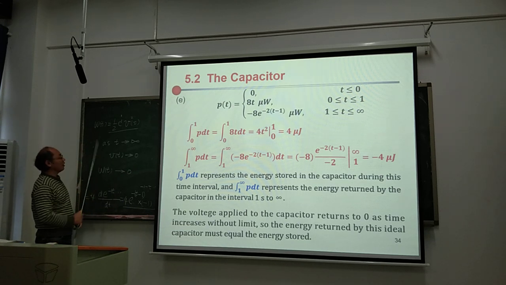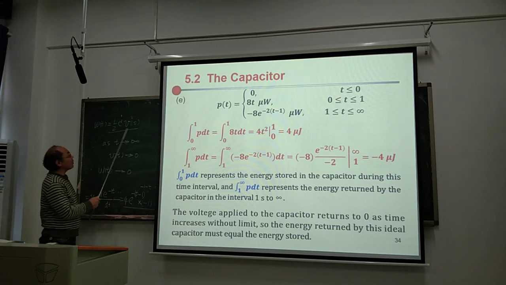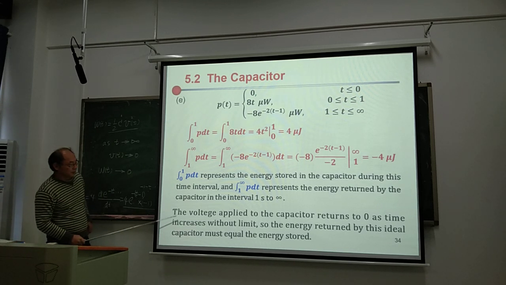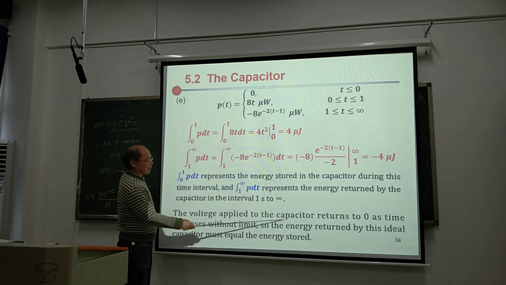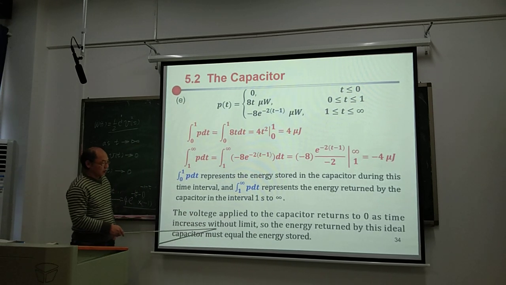Because that is this way. So this approaches 0, so W approaches 0. So the voltage applied to the capacitor returns to 0 as time increases without limit.